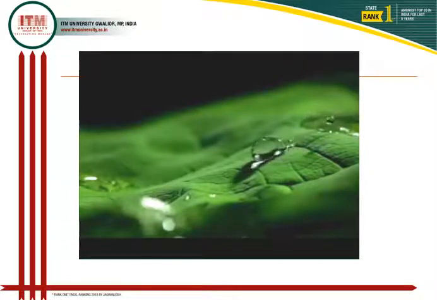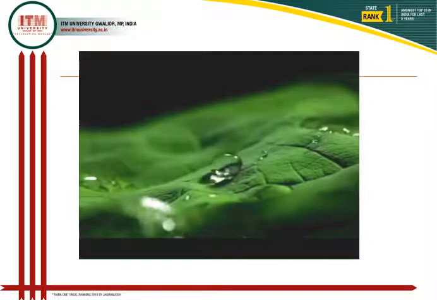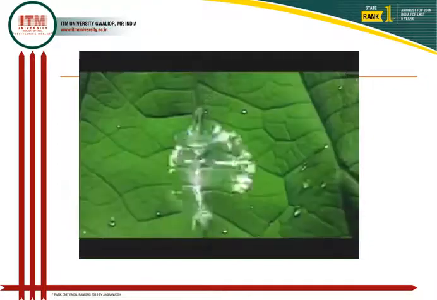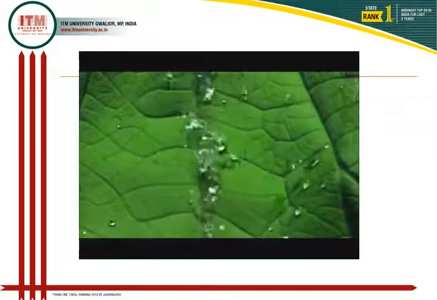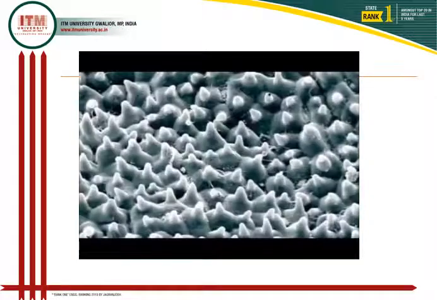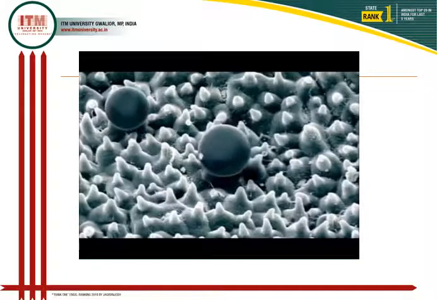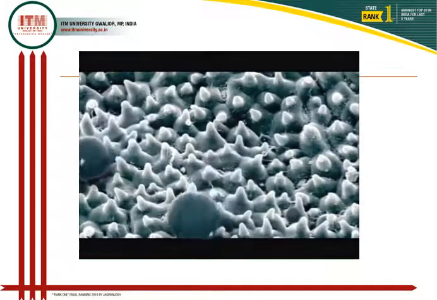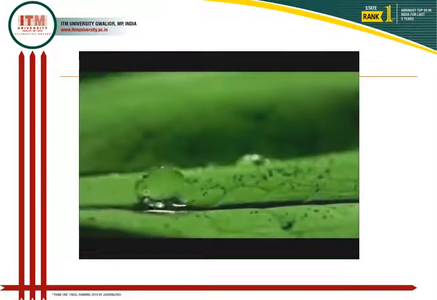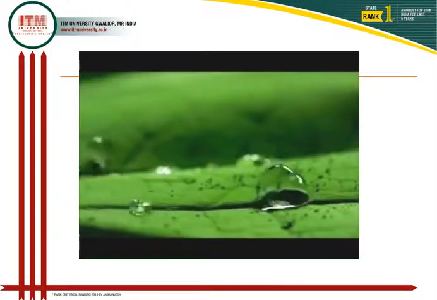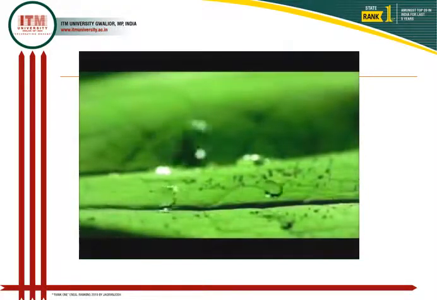You can see the droplets are there on the Lotus leaf. This is a Lotus leaf. You can see how interesting the pictures are. The droplets cannot stay on the Lotus leaf. Now here the magnified image is shown for the Lotus leaf.